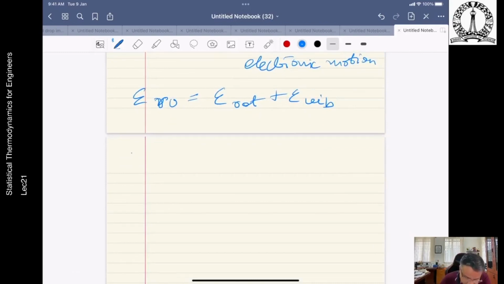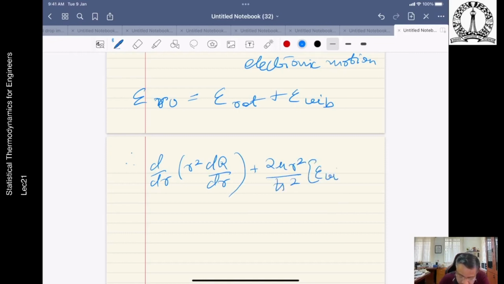Therefore d by dr of r squared dR by dr, plus 2 mu by h bar squared times E vibrational minus V(r), into R equal to 0. This basically includes the electronic energy.